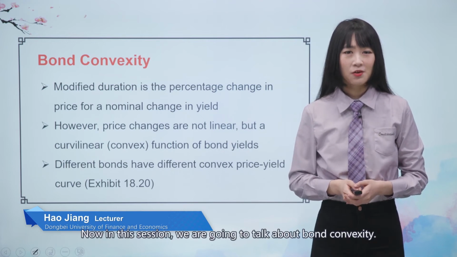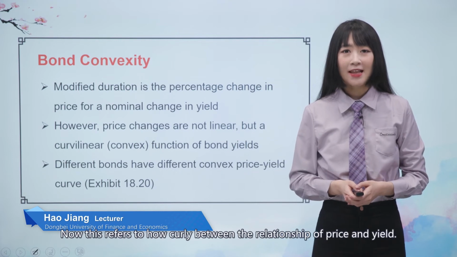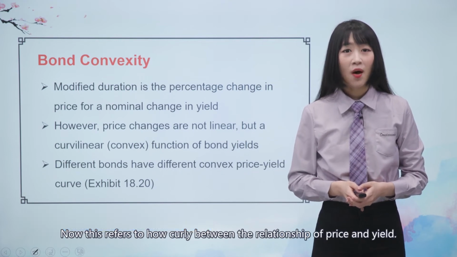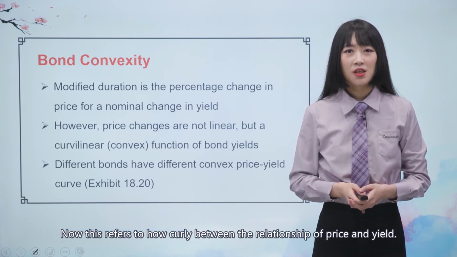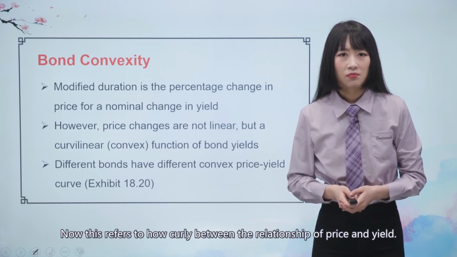Now, in this session, we are going to talk about bond convexity. This refers to how curvy the relationship between price and yield is.